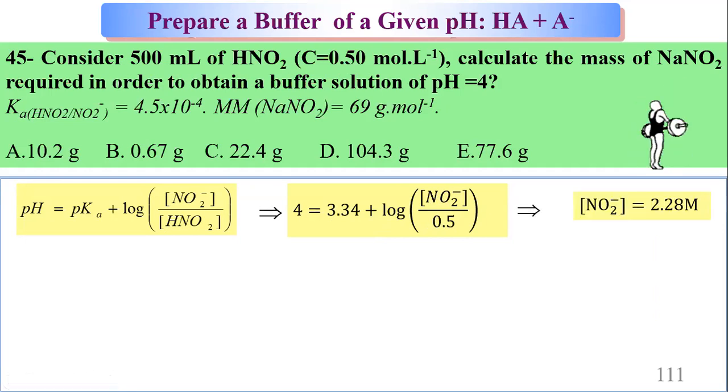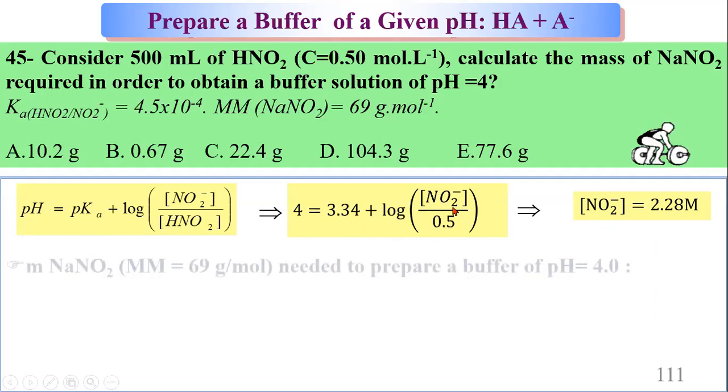So find the concentration of NO2 minus that you need to make up this type of buffer. What you have to do is, again, this is mathematics, 4 minus 3.34, take the antilog, so 10 to that value, multiply by 0.5, you get the NO2 minus.